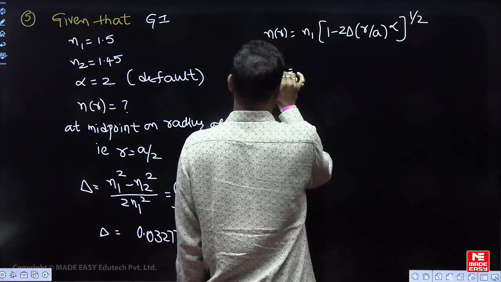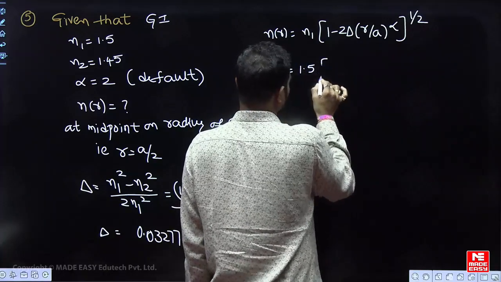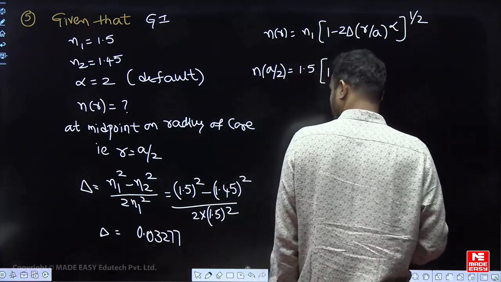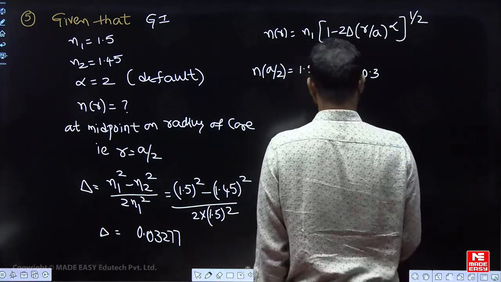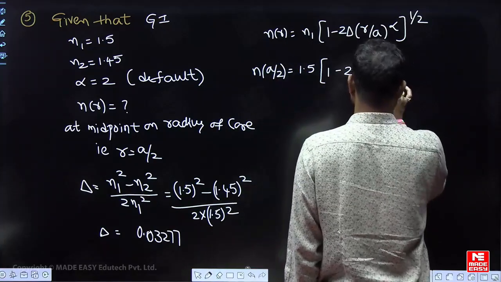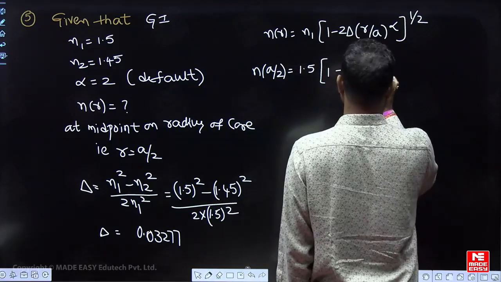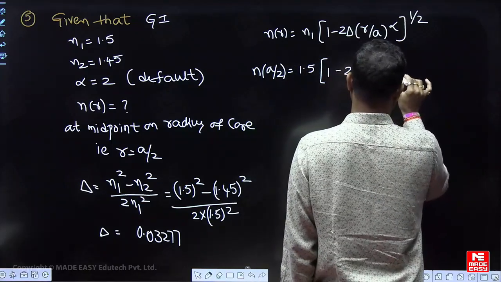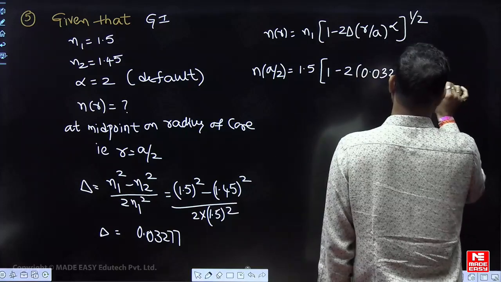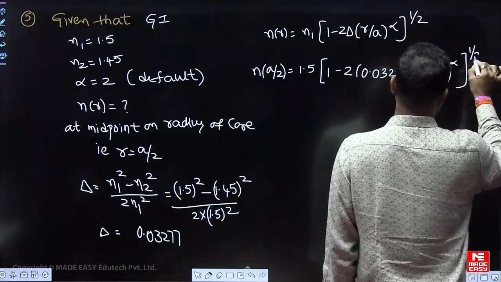N of r, where r is equal to a by 2, midpoint. N1 is 1.5, specified in the question. 1 minus 2 into delta, 0.03277, into r equal to a by 2 divided by a, whole to the power of alpha, whole to the power of 1 by 2.